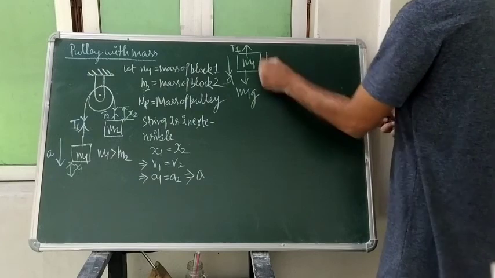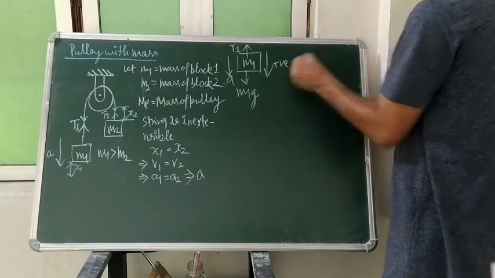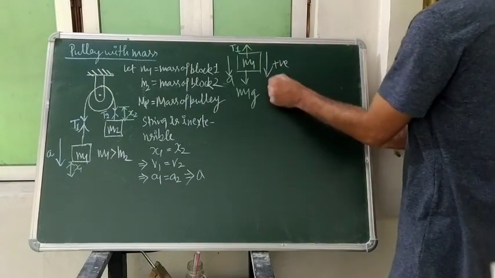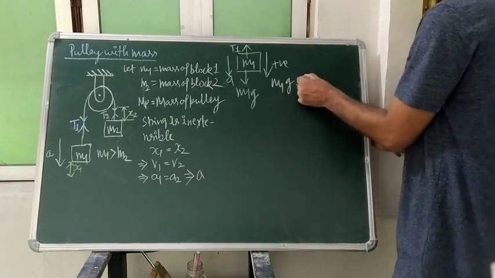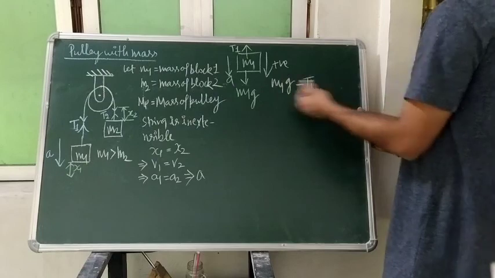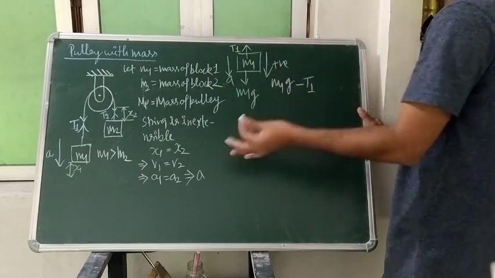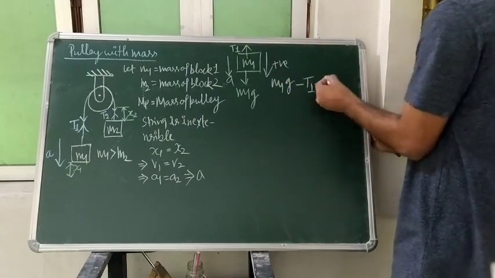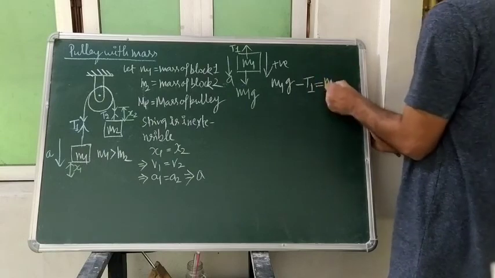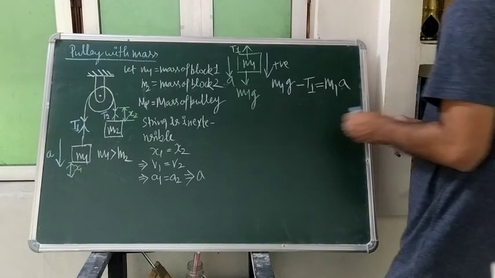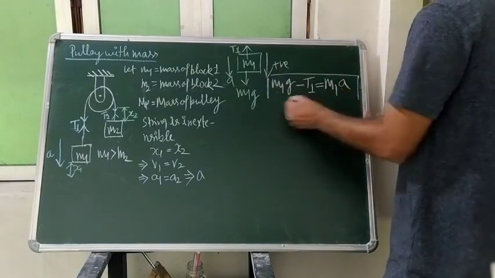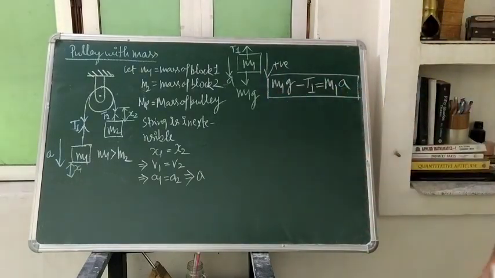Here T1 will act, and m1 is accelerating down, so we take downside as positive. So m1 times g minus T1 is the external force in the y direction, no forces are present in the x direction, so this will be equal to mass times the acceleration, and acceleration is the same since the string is inextensible.